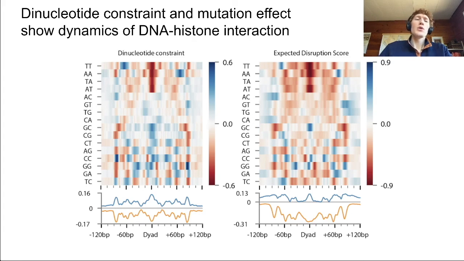You can see that the spatial patterning of the mutation effect matrix closely aligns with the spatial patterning of the dinucleotide constraint matrix, although the mutation effect matrix is overall more negative, which is shown by the scores at the bottom, the marginal sums of each position across all dinucleotides. What this suggests is that there are higher order sequence contexts, with k larger than 2, that are driving the observed nucleosome positions.